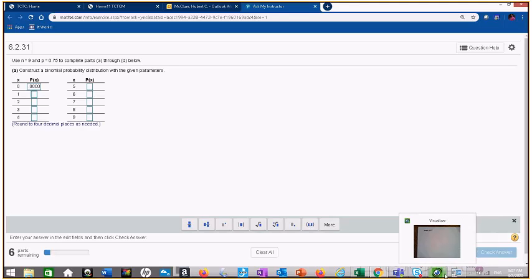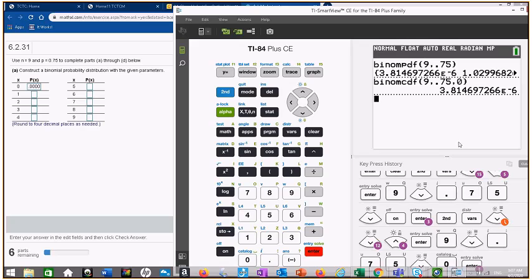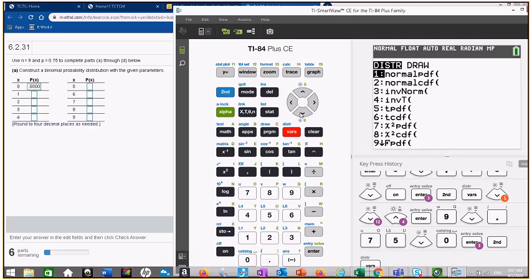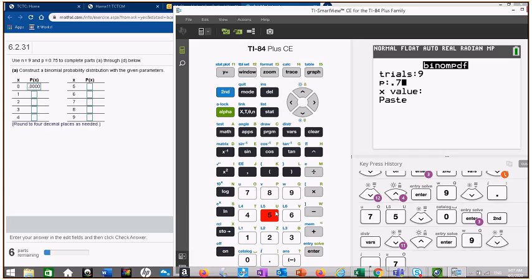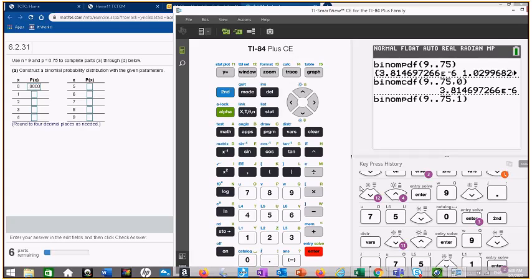Now do the second one. Now this one you should do with CDF or PDF. Second vars, binomial PDF. Enter. Trials 9, 0.75, and 1. Enter.